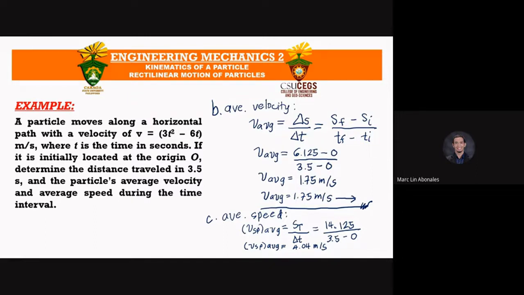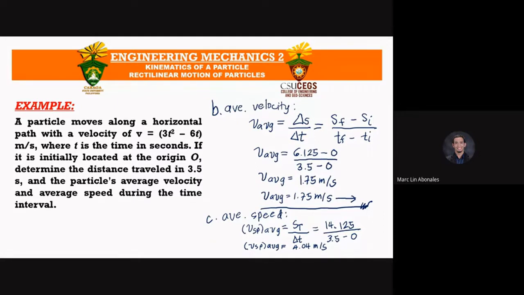Okay? Basta when you talk about velocity, average velocity rather, that is defined with delta S over delta T. And for the average speed is the total distance traveled by the particle over the delta t or the time interval. So that is the difference between the average velocity and the average speed.